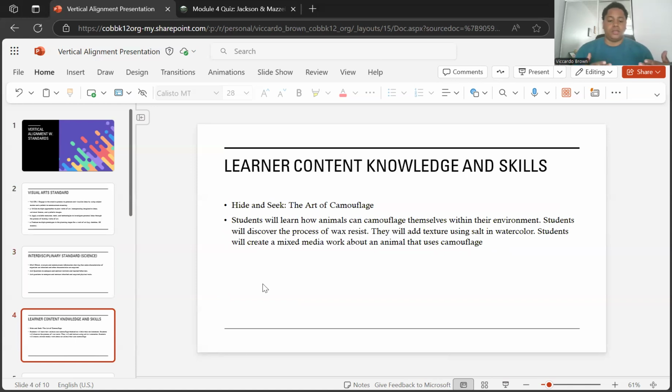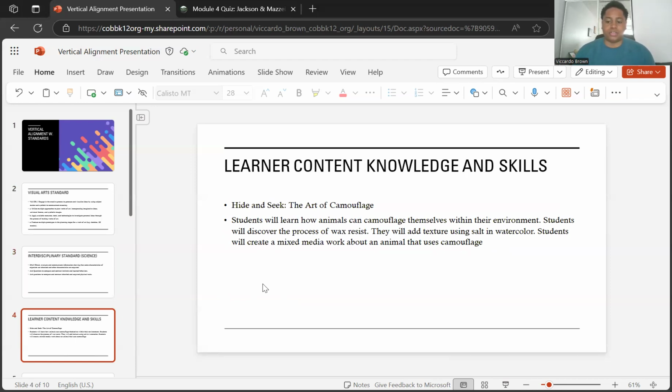which is the project or the content that I'm going to be using to connect those two standards. It is called Hide and Seek: The Art of Camouflage. In this project, students will learn how animals can camouflage themselves within their environment. They will discover the process of wax resist as a medium.